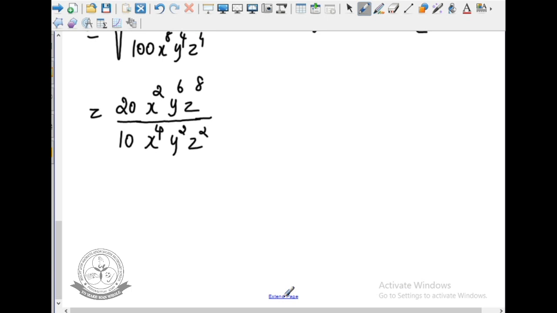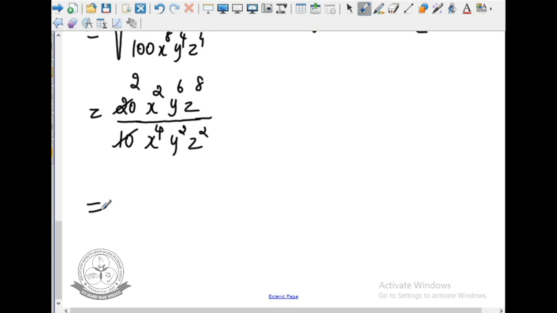Here I can do the cancelling, 20 by 10 is 2, right. For this one you should be very careful, because in the numerator x power 2 is there and in the denominator x power 4. You should see where the greatest power is.